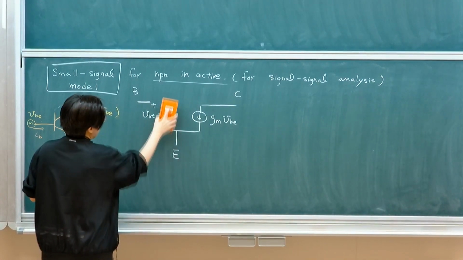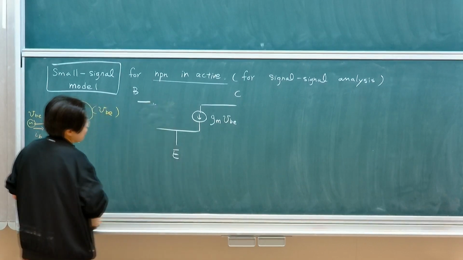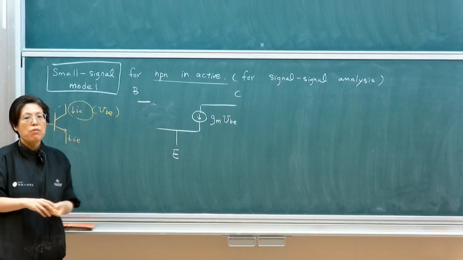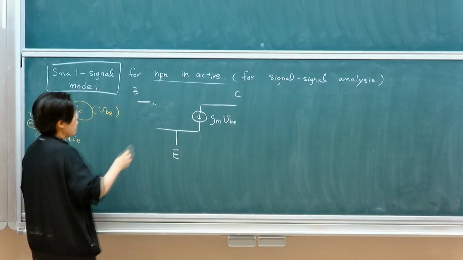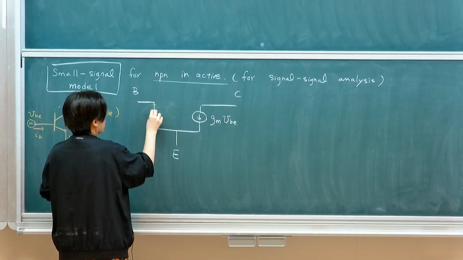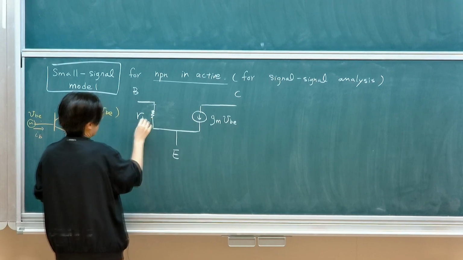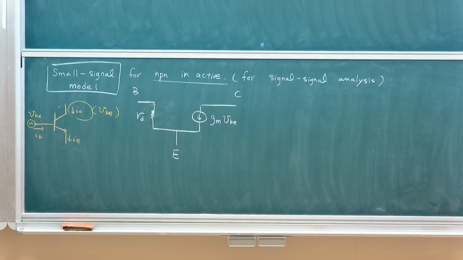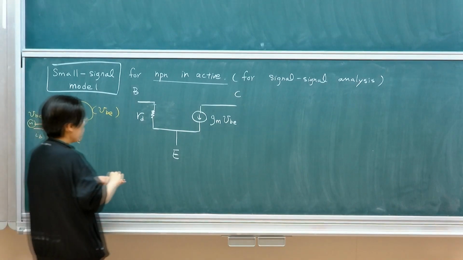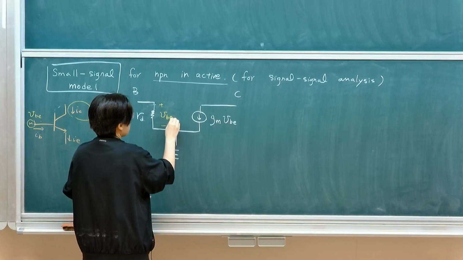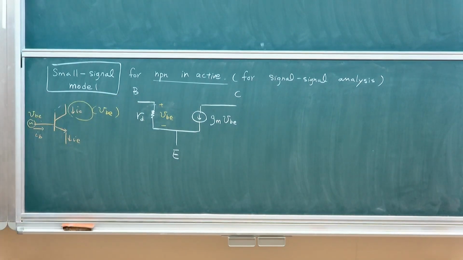If you're looking at the large signal model on the right, your B is being defined by a diode. Therefore, I could use a diode small signal model, which is rd, on the right-hand side, and the voltage across it is used to establish my collector current.